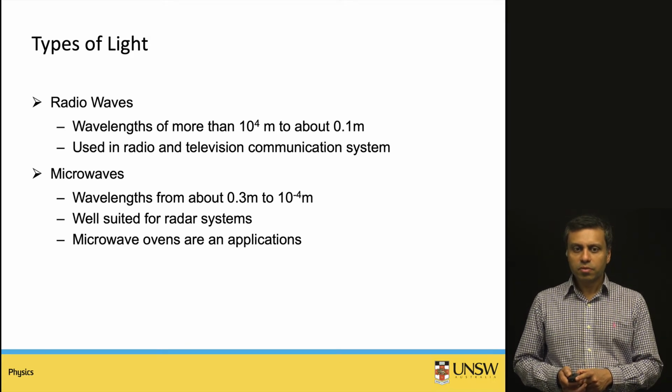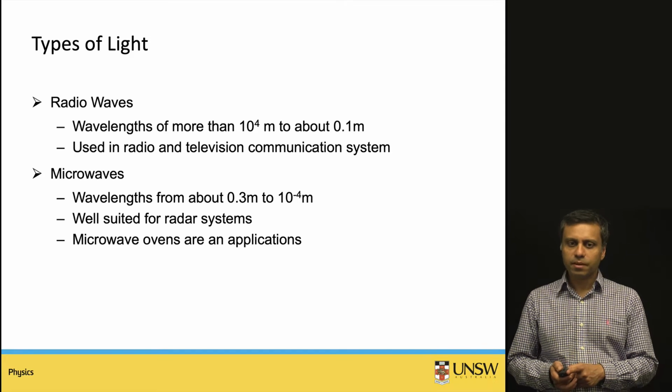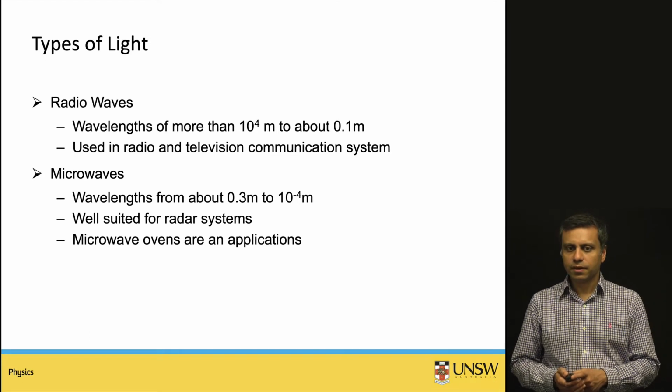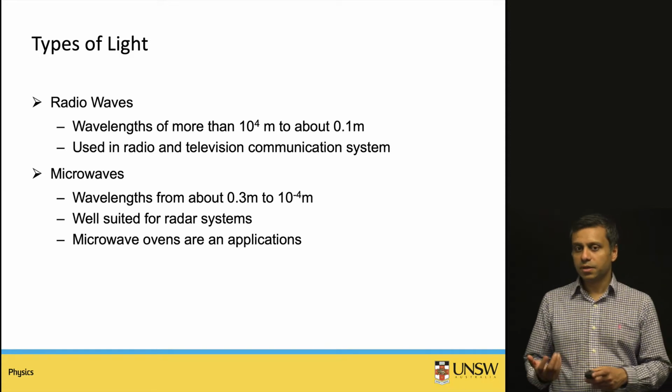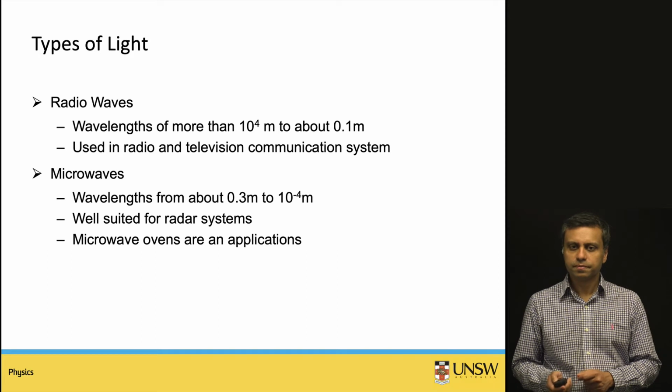And then there are microwaves. They have wavelengths of about 0.3 meter to 10 to the power minus 4 meter. These are well suited for radar systems, for radar detection. These are also used in the ovens where we warm or cook our food.